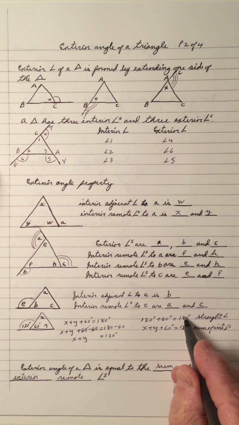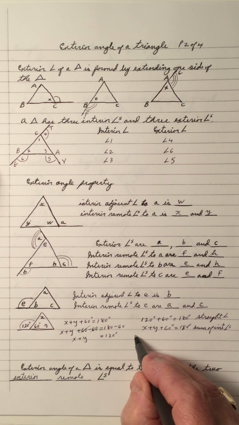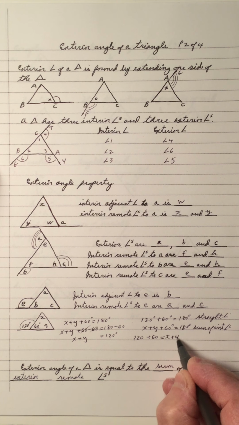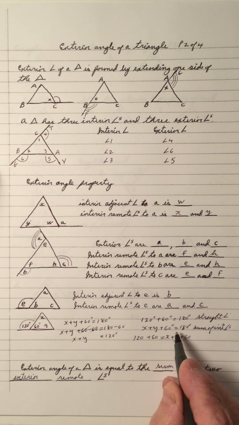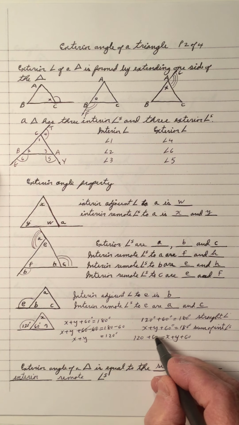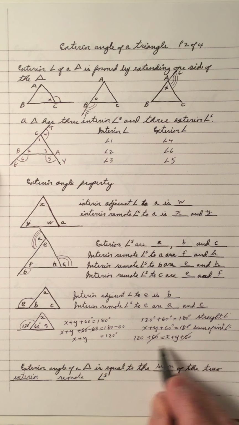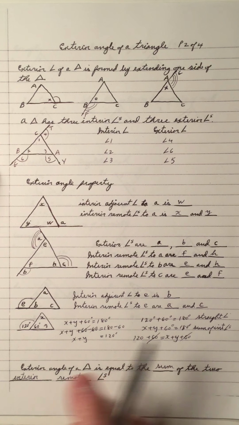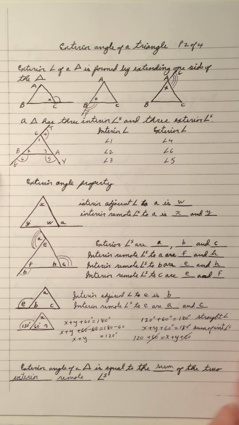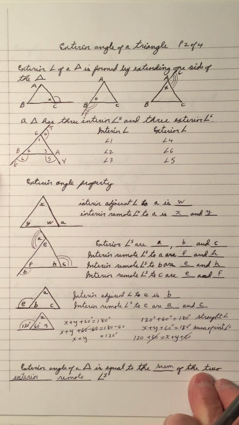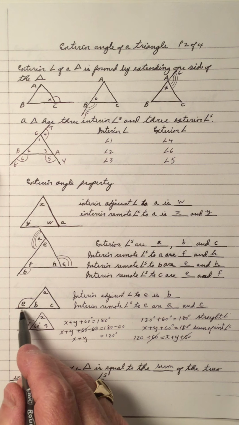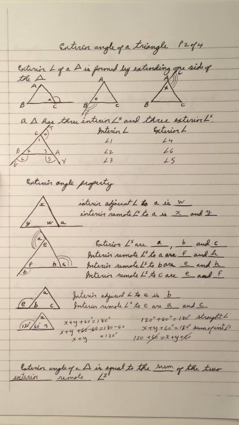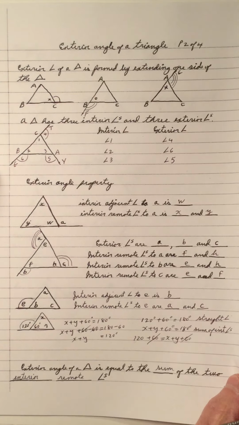So 120 plus 60 is equal to X plus Y plus 60 because they're both equal to 180. Take away the 60 off of each side, and X plus Y is equal to 120. So I just did a little proof there, but that'll come up later. So this exterior angle, E, is equal to the sum of the two interior remote angles. Okay, let's use that theorem.